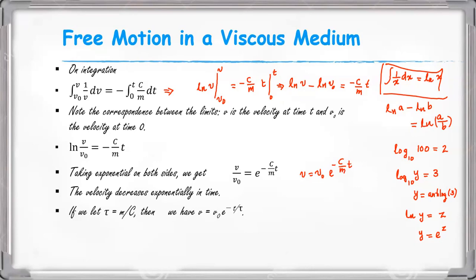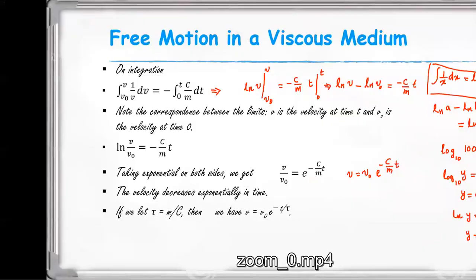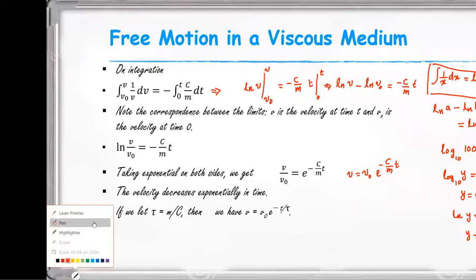If we let tau is equal to m by c, then c by m is equal to 1 by tau.